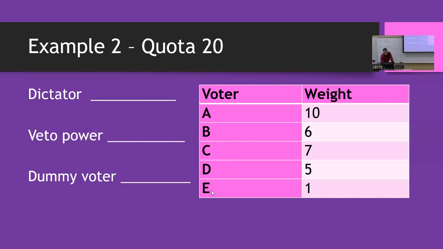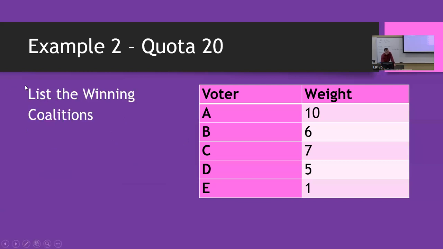And if you add in E, it really doesn't matter ever. So E technically is a dummy voter, but don't worry about that too much. We'll get into winning coalitions in a little bit.